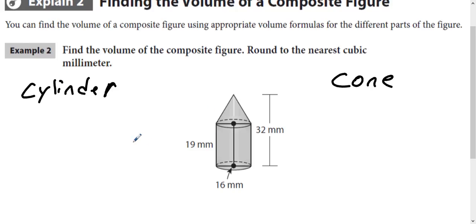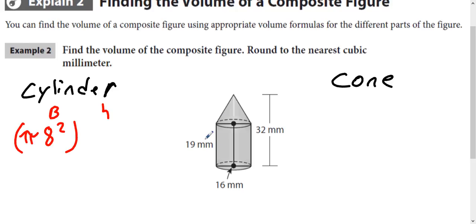So for the cylinder, we need area of the base times height. To get the area of the base, we need to know the radius. We're going to do pi times radius squared. Here we're told the diameter is 16, which means the radius is 8.